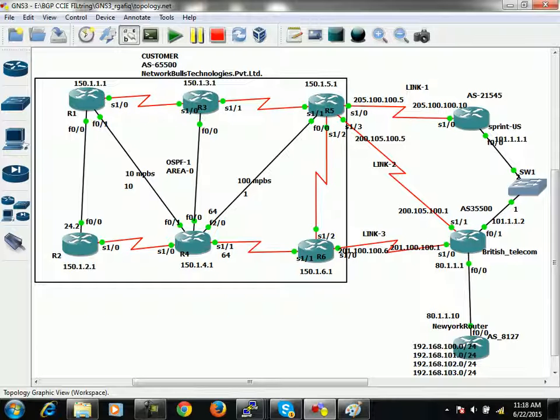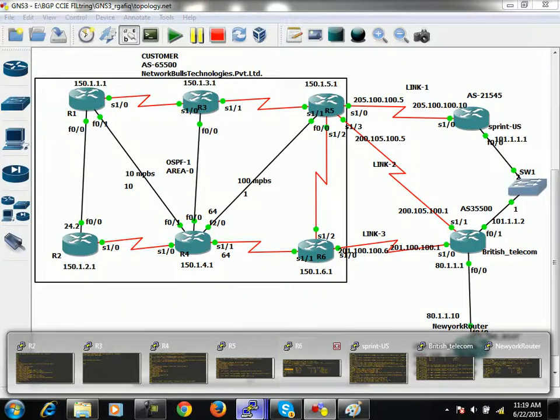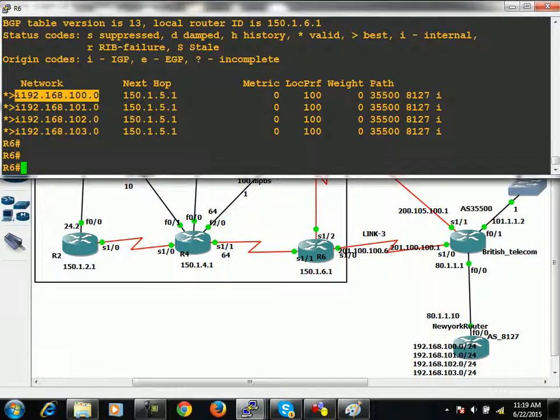See, the next hop must be reachable. So from R6, of course, R6 can easily reach the loopback of R5, because when R1 is giving these prefixes, see, move on R6 actually and open. By looking at this BGP table, it looks like it is getting these prefixes coming from R5 only, right?